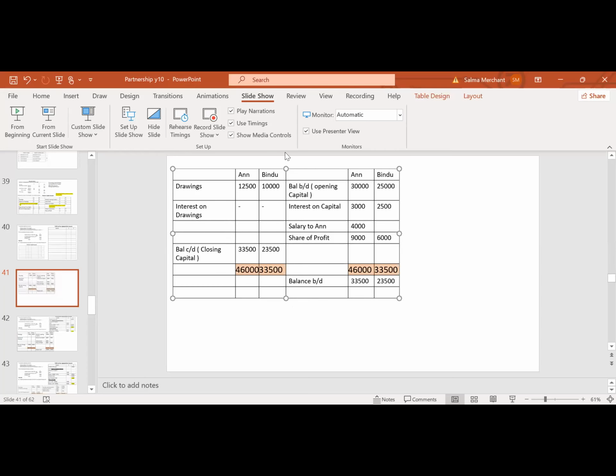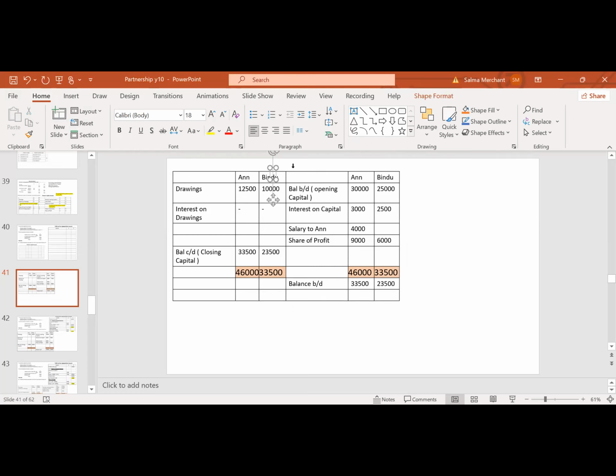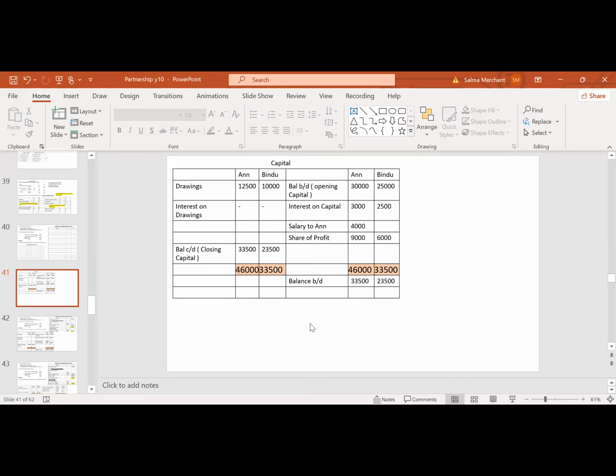The first account will be called the partners' capital account. What is the purpose of preparing two accounts? They want the capital amount to remain fixed.